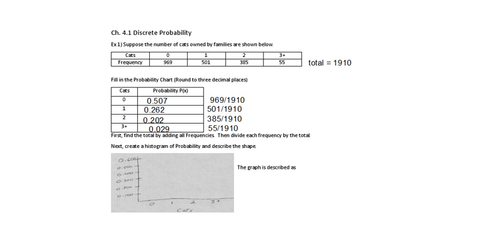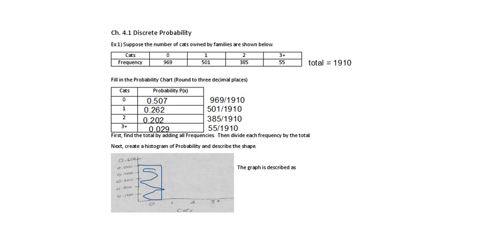And now I'd like to make a histogram. All right, for 0 cats, the probability is 0.507, which is around 500. So I'm going to draw a box like this and maybe shade it in a little bit.